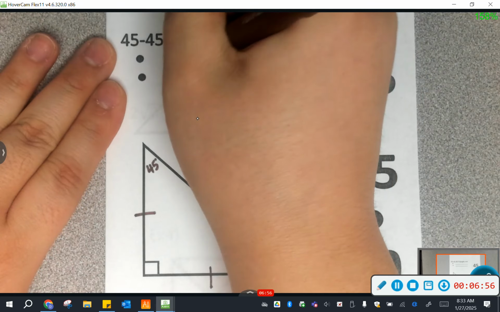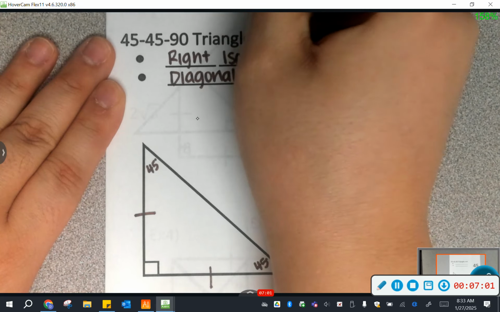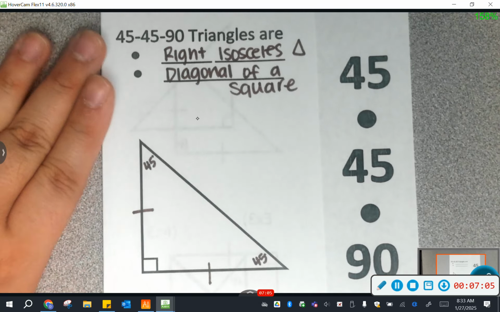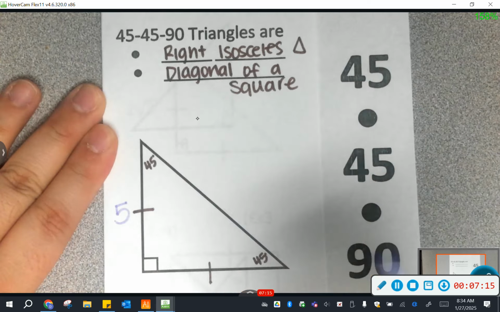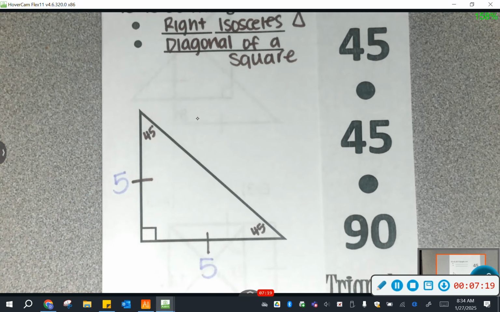And this comes from the diagonal of a square. Isn't that what we were dealing with earlier, squares? So if I told you this side was 5, what's the bottom? 5. They are always going to be the same. 5 and 5.